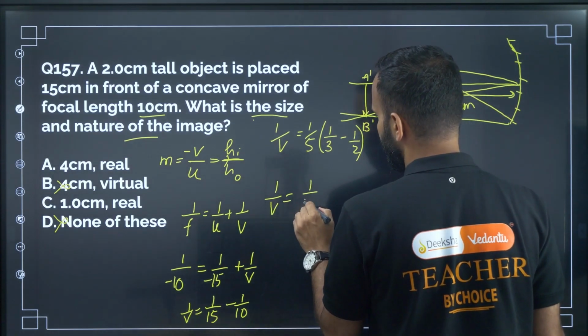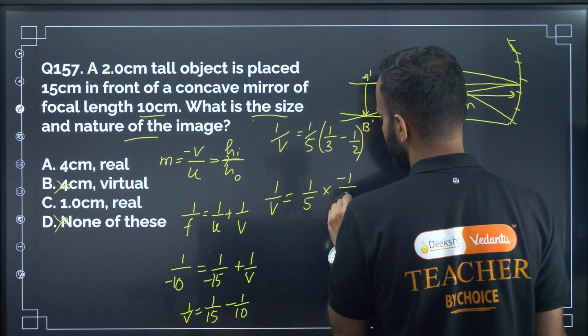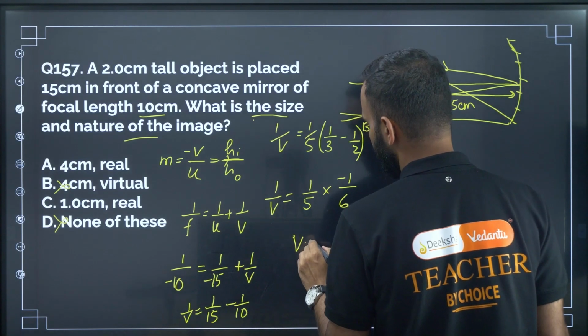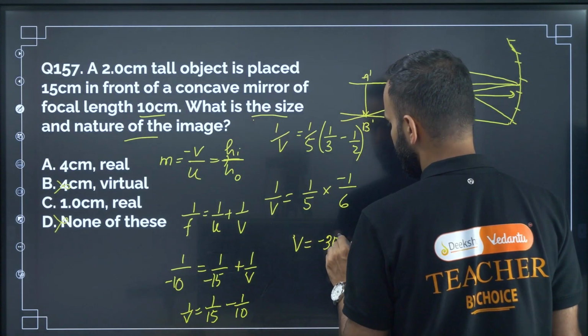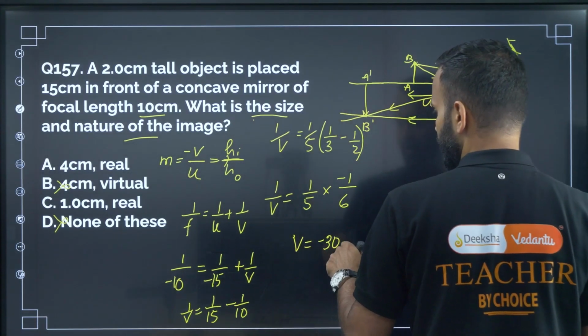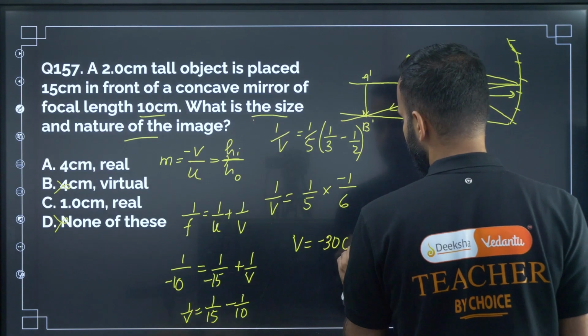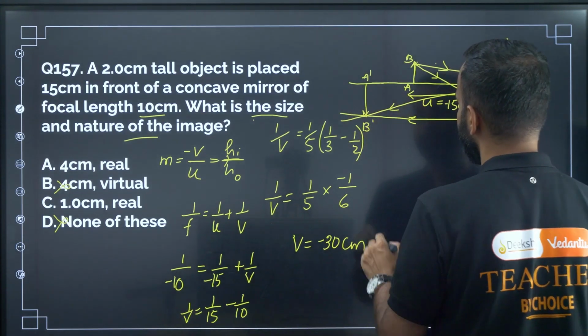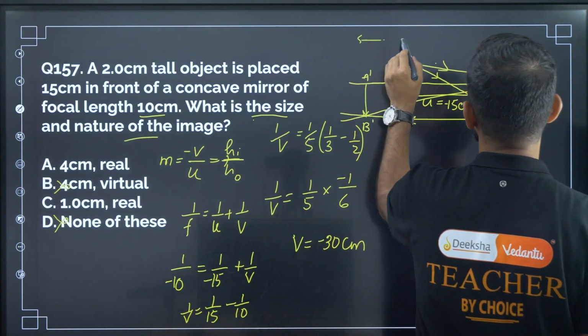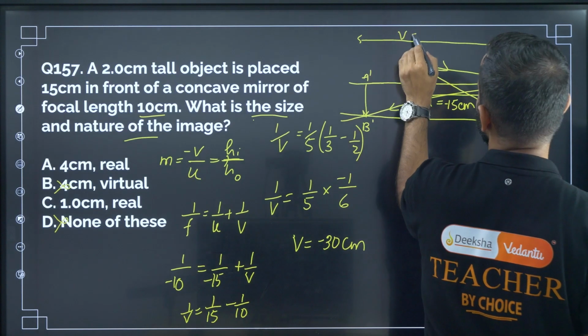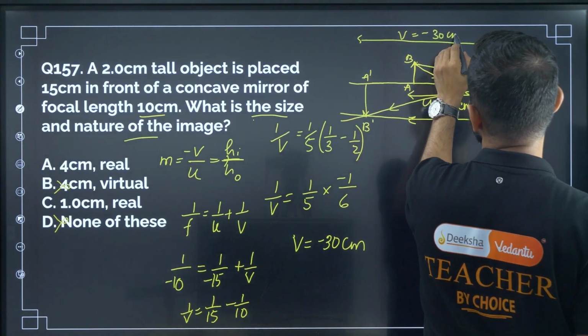So, 1 divided by 5 into minus 1 divided by 6. So the value of V is equal to minus 30 centimeter, right? Here the value of V is equal to minus 30 centimeter.